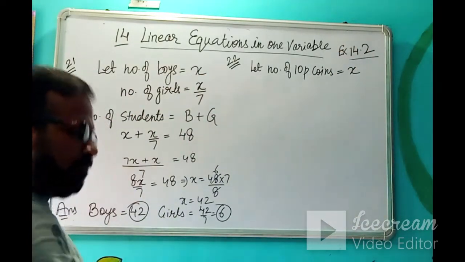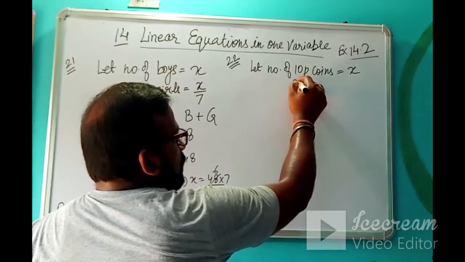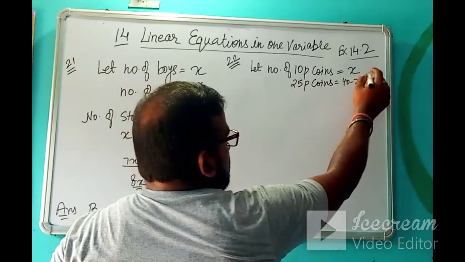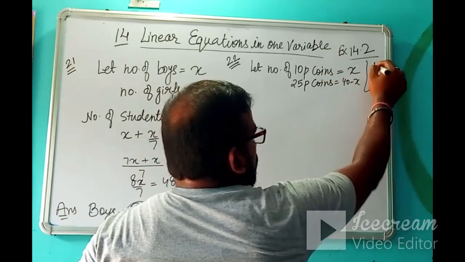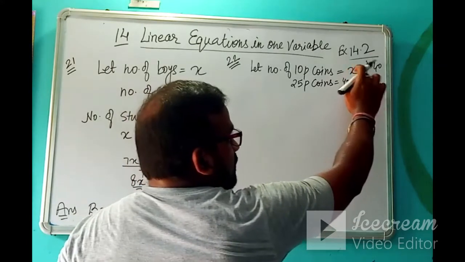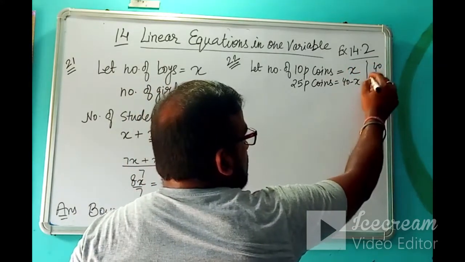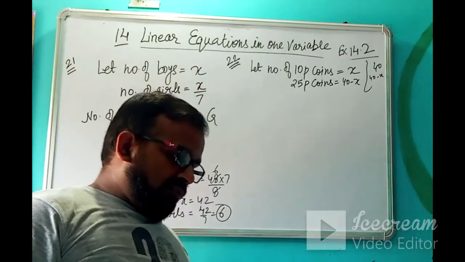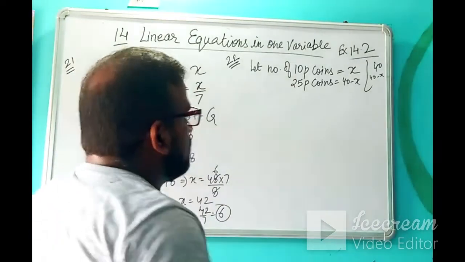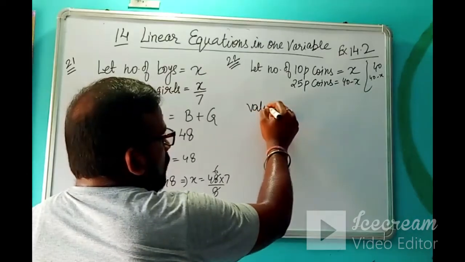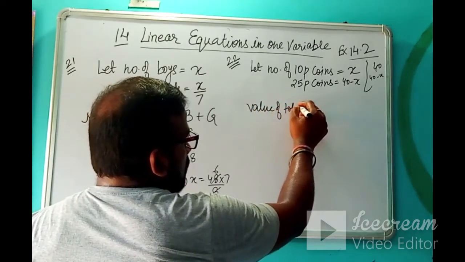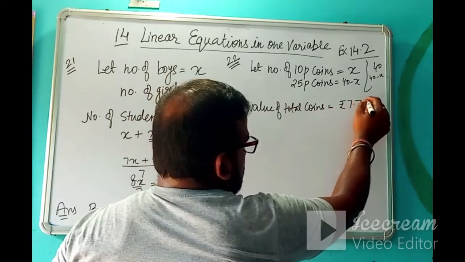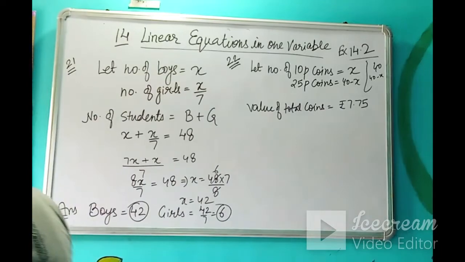Then 25 paisa coins will be 40 minus x. It is given that total coins are 40. Then the total value of the coins is equal to rupees 7 and 75 paisa.